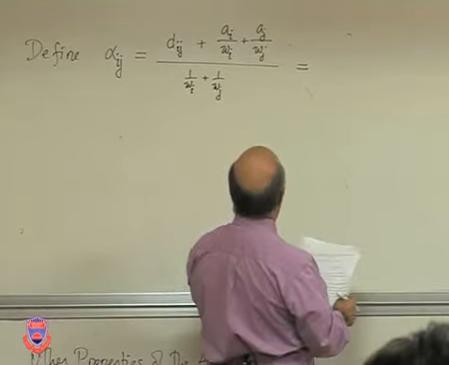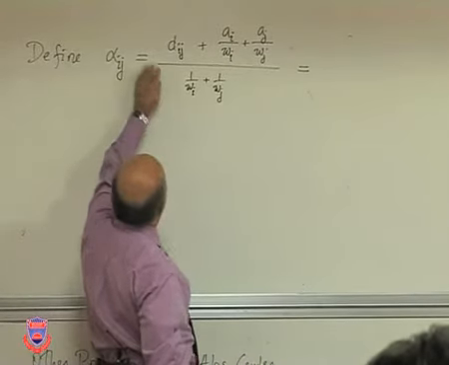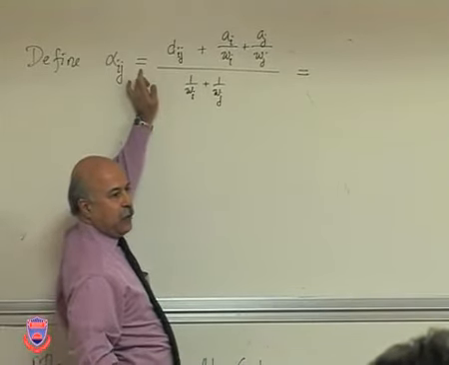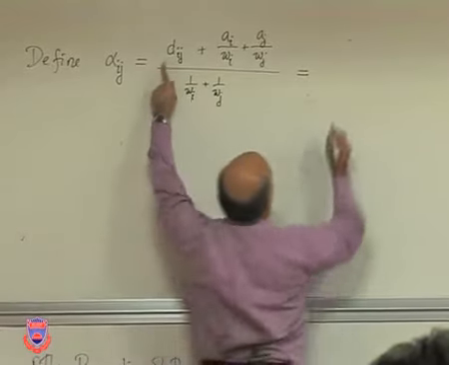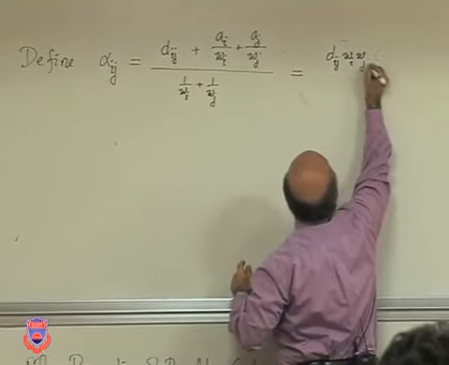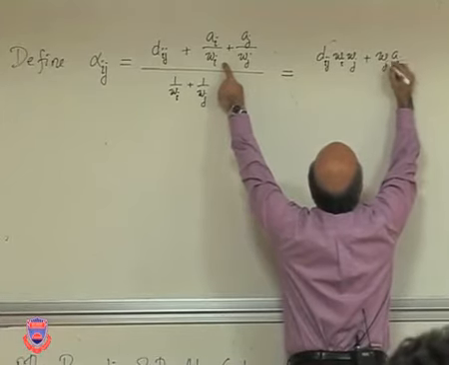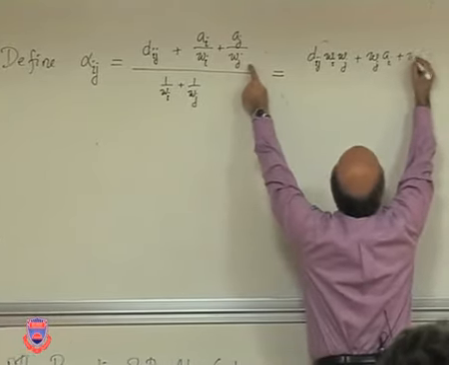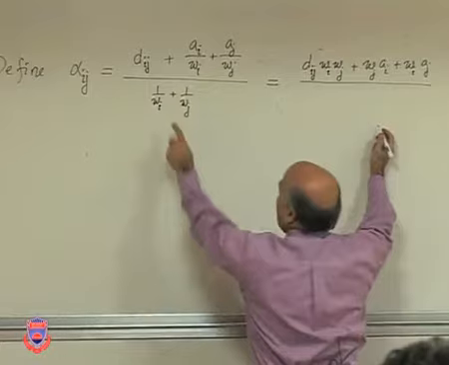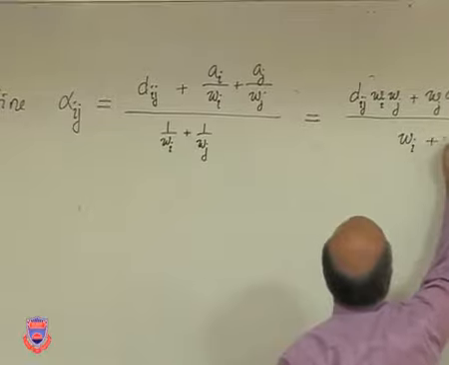How people usually write it is they multiply both the upper side and the lower side by wi times wj, in which case you end up with dij times wi times wj plus wj ai plus wi aj, divided by wi plus wj.